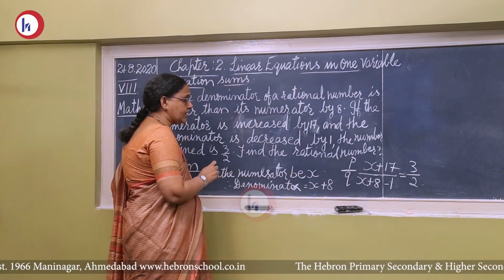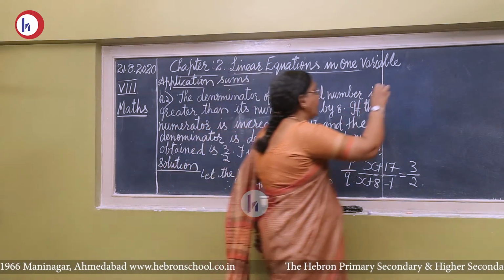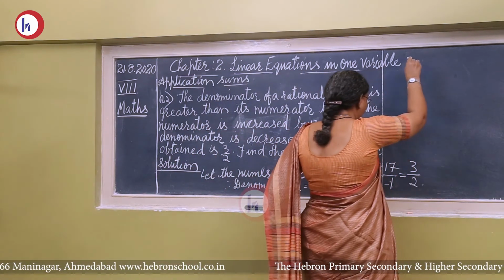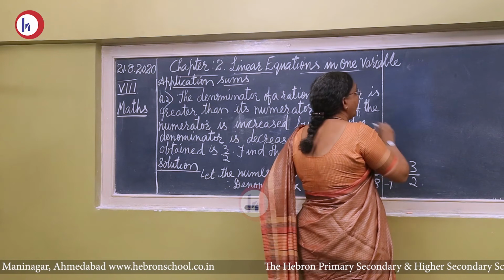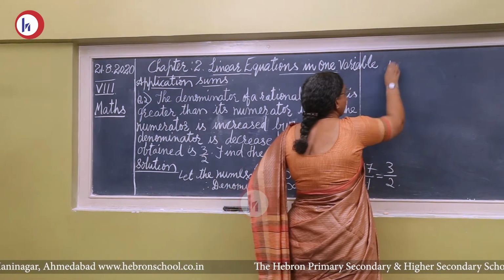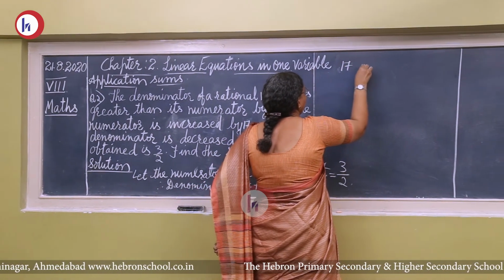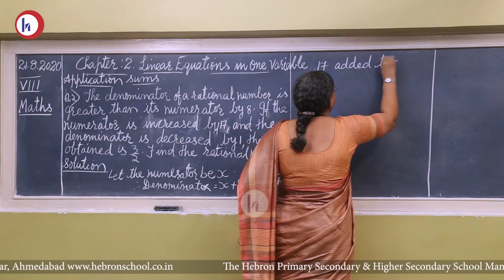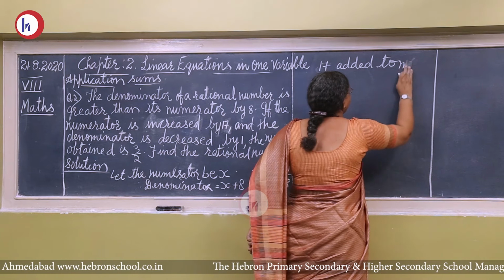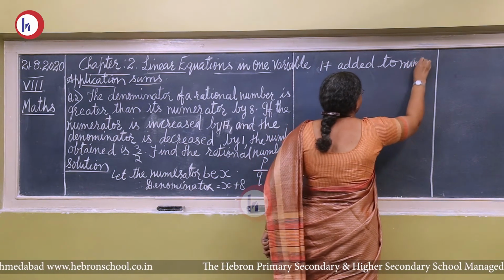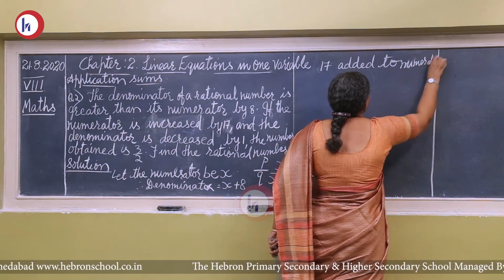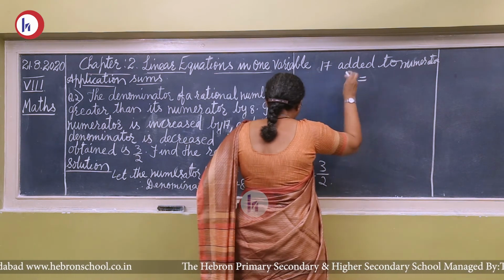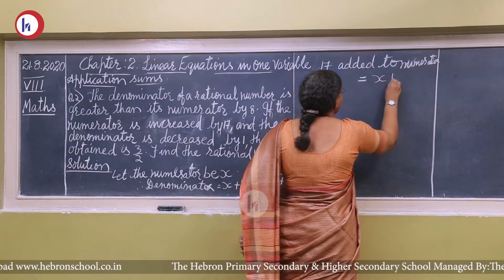Now, 17 is added to the numerator, so the numerator is x plus 17.